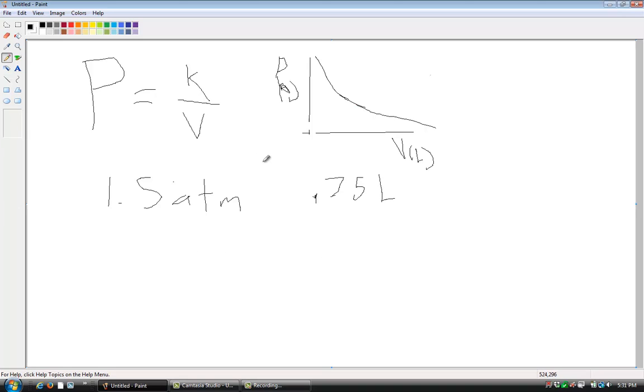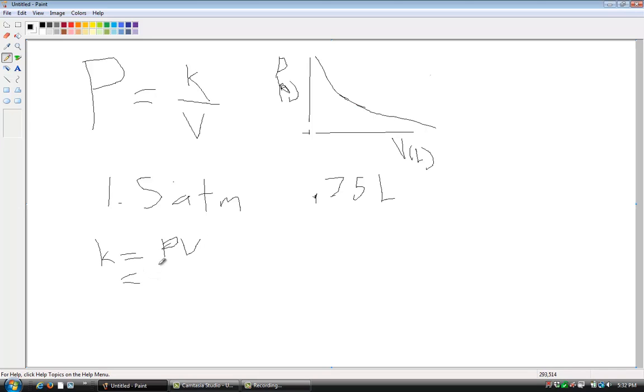Well, if we isolate this K, we'd do it by multiplying by V on both sides, and we would wind up with K equals PV. I guess I am going to go ahead and show you the details. I said earlier I wouldn't, but I'm just a sucker.